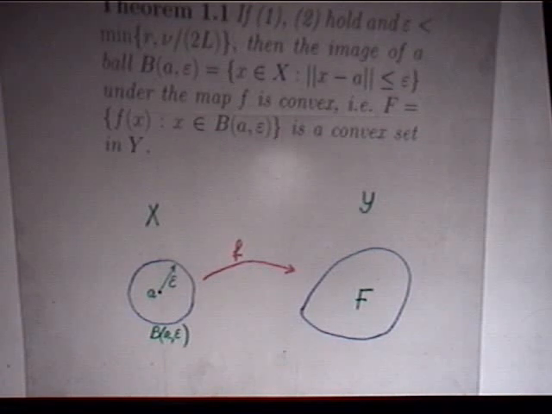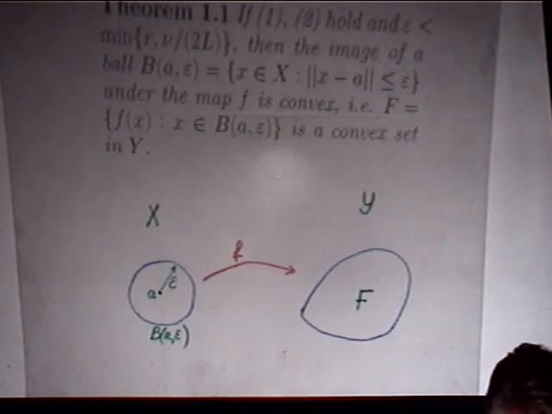At first glance, the result looks a little bit strange. Well, we have a nonlinear map, so why should the image be convex? But nevertheless, this is true.